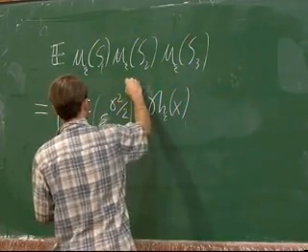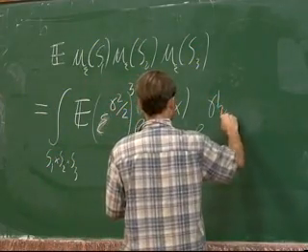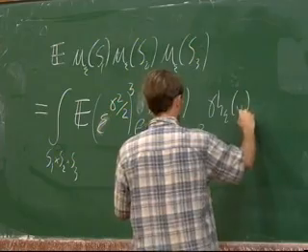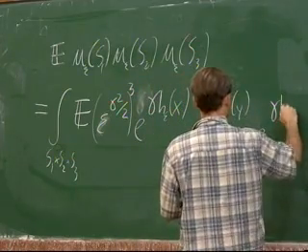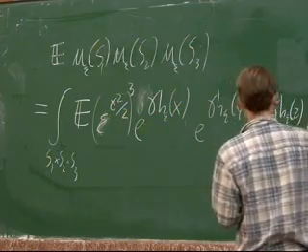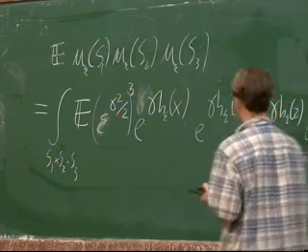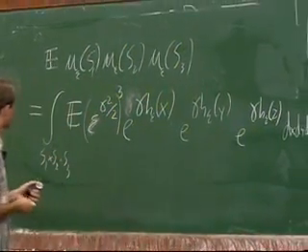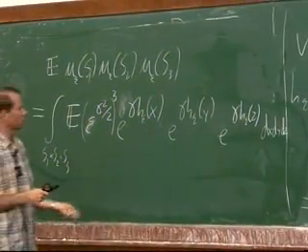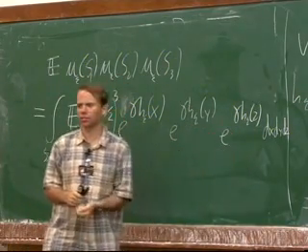Well, I'm going to have 3 of these, so I'll cube this. e to the gamma h epsilon y, e to the gamma h epsilon z. And now I'll have dx, dy, dz. So now I have an expectation of e to this times e to this times e to this.